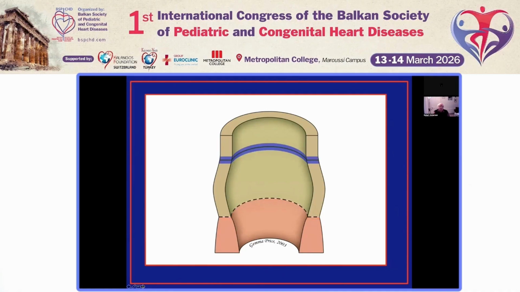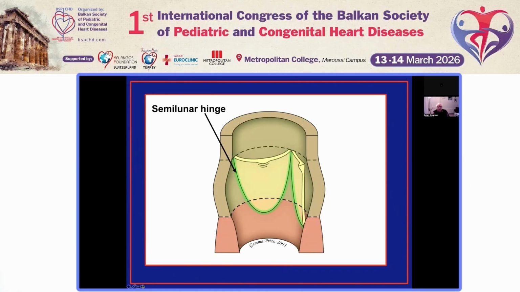And now we'll put in the sinutubular junction. And then we'll put in the hinges, the semilunar hinges of the leaflets of the pulmonary valve. And now we'll emphasize the fact that those hinges are semilunar. And you see that they cross that anatomic ventriculo-arterial junction.